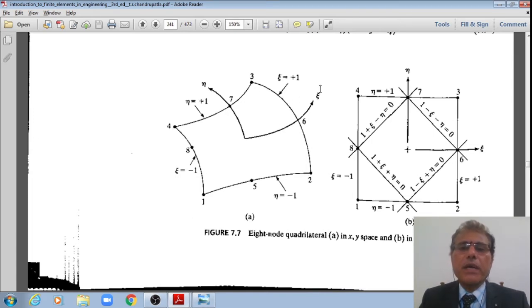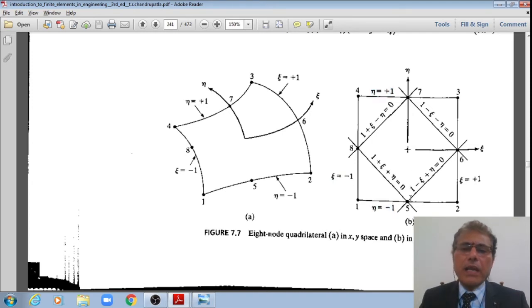That is how my xi axis and eta axis are. Then I'll say that the equation of this line is xi is equal to plus 1, of this line xi is equal to minus 1, and eta is equal to minus 1, and eta is equal to plus 1. These are the four equations of the lines, respectively. Here in the master element, xi is equal to plus 1, xi is equal to minus 1, eta is equal to plus 1, and eta is equal to minus 1 respectively.